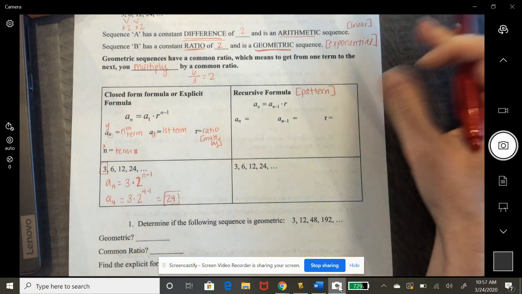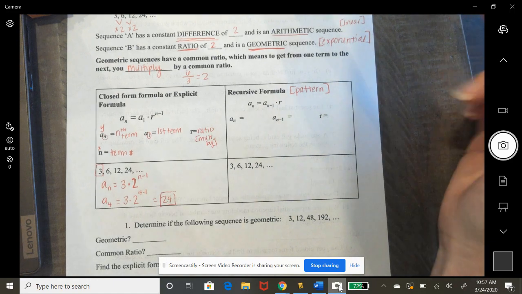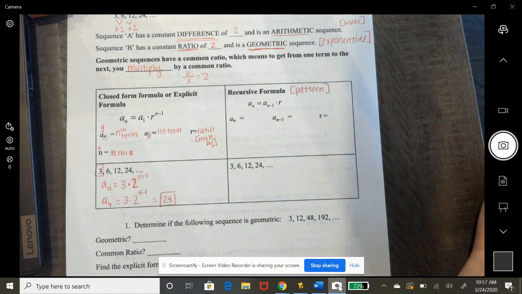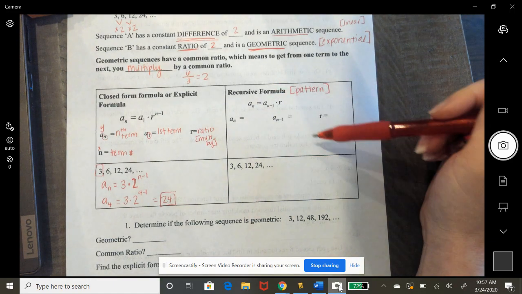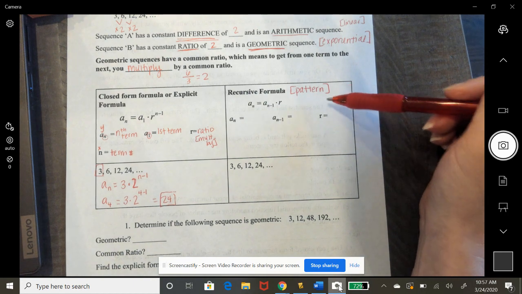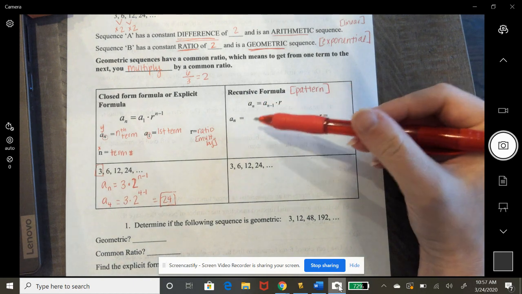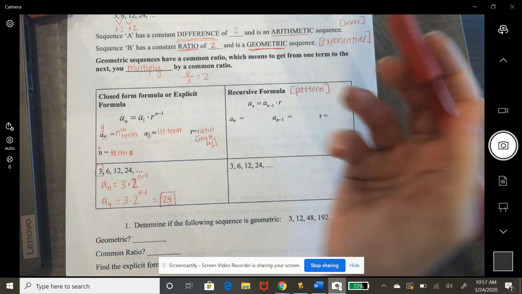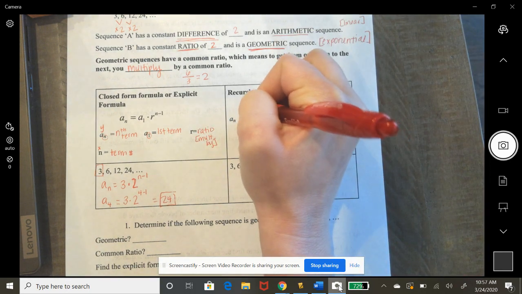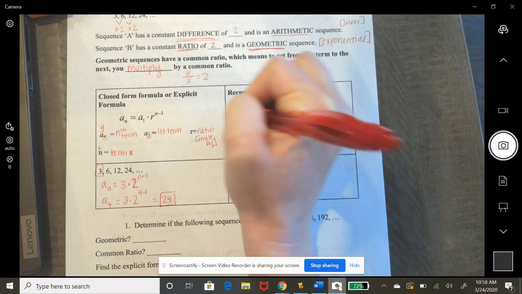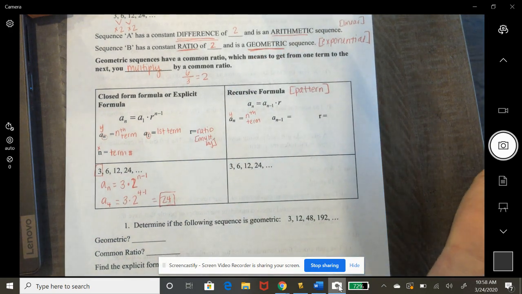Okay, now the recursive formula looks a little bit weird, especially as you write it out. You're like, I don't understand why I'm writing this. So I'll try to talk you through it, but it's almost like a description. How do I describe what's going on? So a_n, that's the same thing as it was over there. That's your nth term. Okay, that's like your y equals.